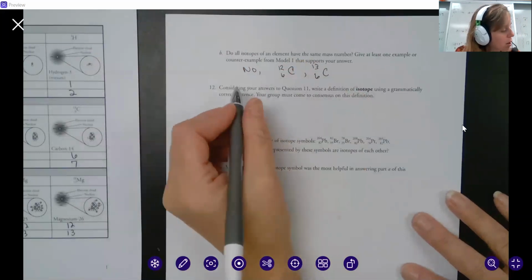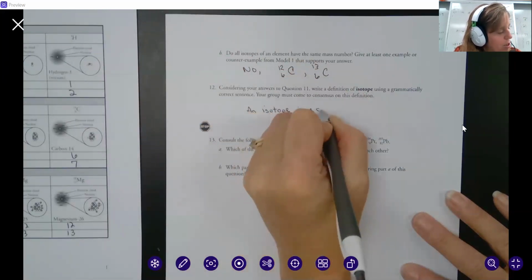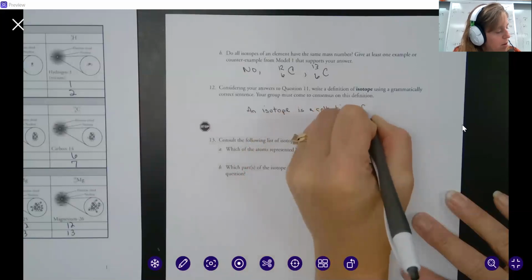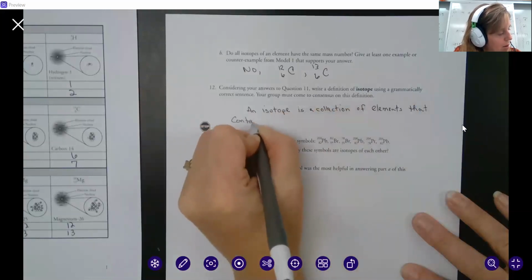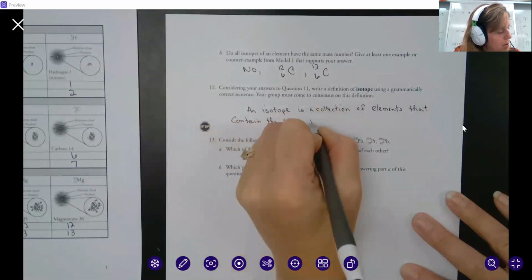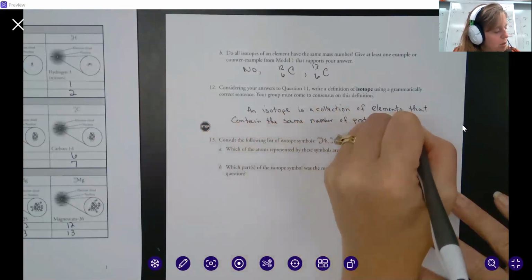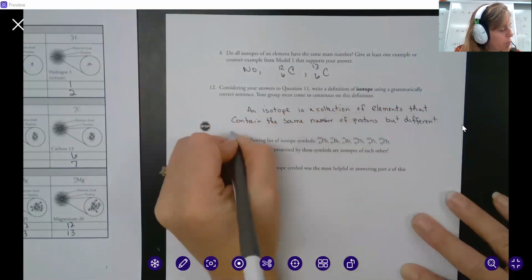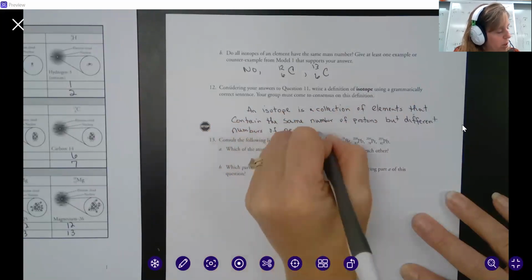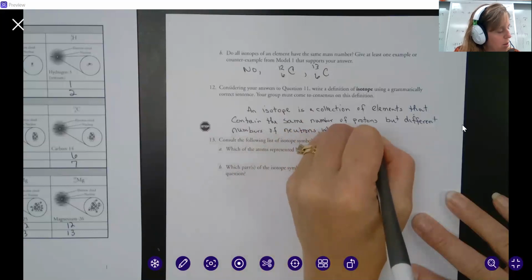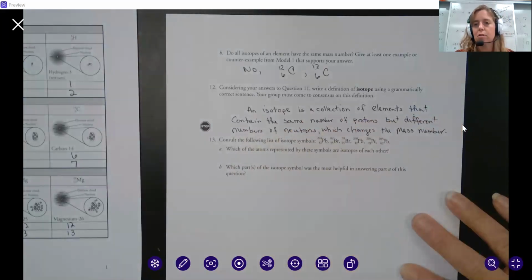So here, an isotope is a collection of elements that contain the same number of protons but different numbers of neutrons, which changes the mass number. Now, you could have written this many different ways, but that's just the way I chose to write it.